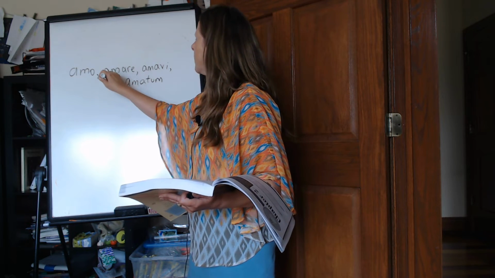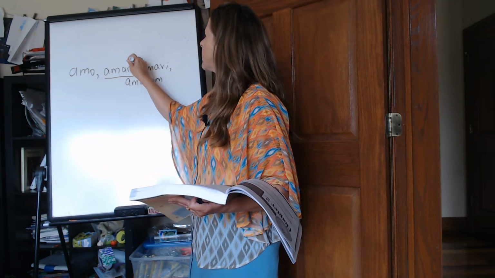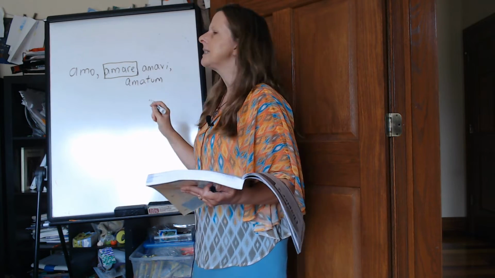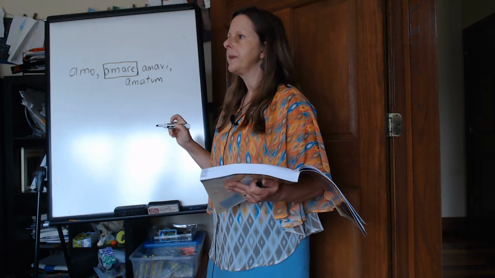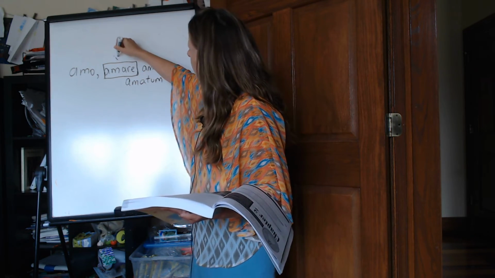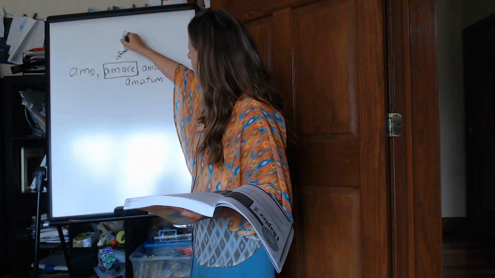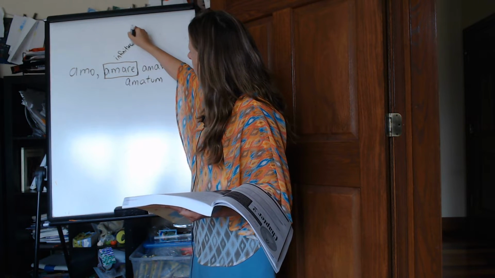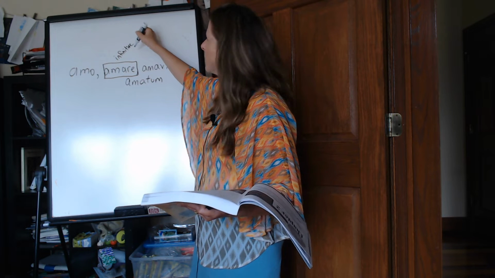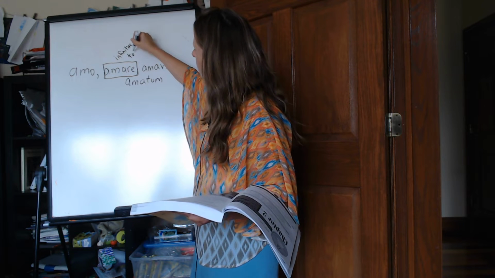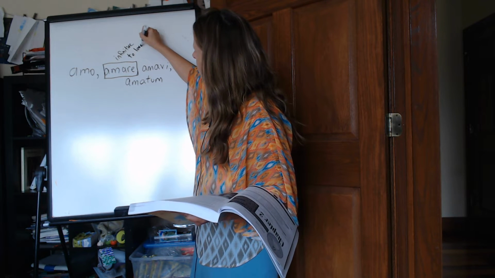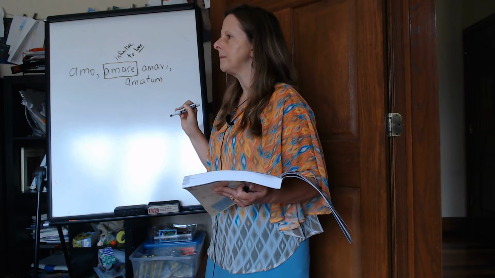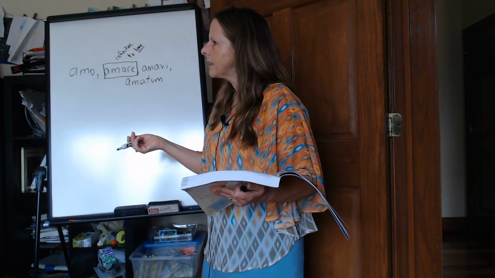And we also took a special look at the second principal part. The second principal part is called the infinitive. We call it that in English too. To love, in this case. To do whatever. And we use infinitives.